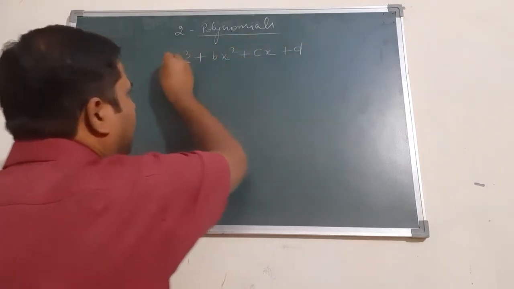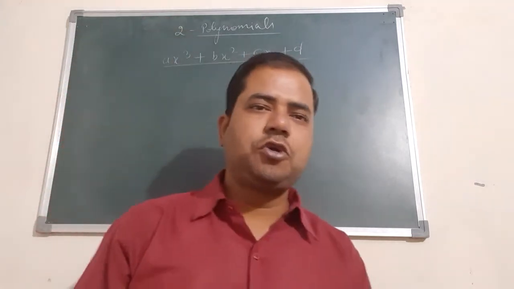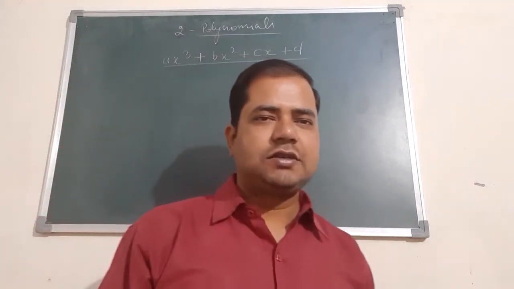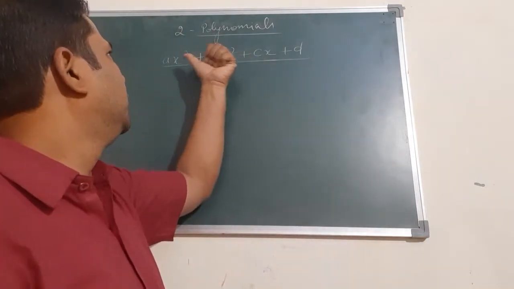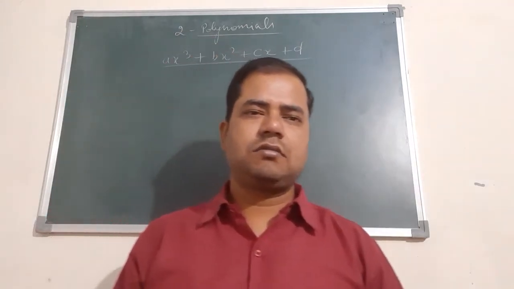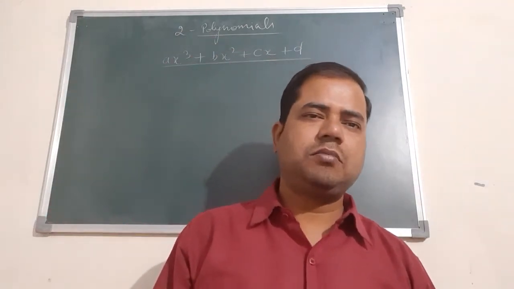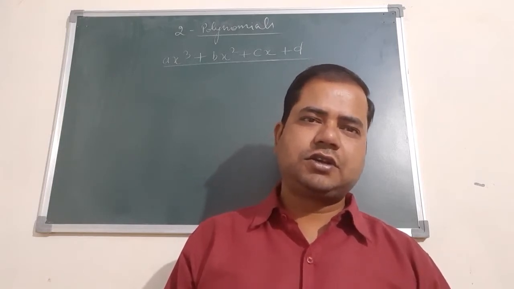This is a polynomial. And which type of polynomial is this? This is a cubic polynomial. As well as, there are four terms. So you know, if one term is there, it is a monomial, if two, a binomial, and if three terms are there, a trinomial.